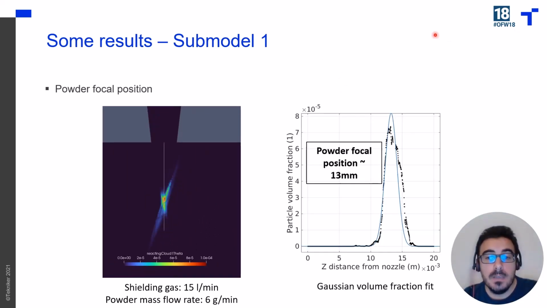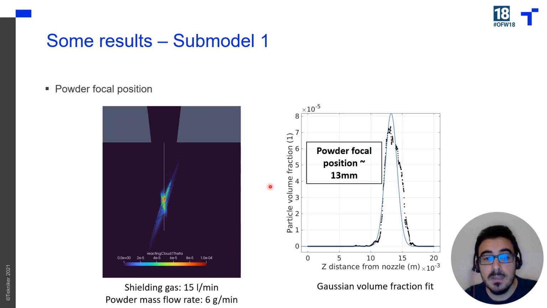In this slide, we see a profile of the void fraction created by the Lagrangian cloud. On the left-hand side, we see the cross-section, and we can check that the void fraction is quite small, so the two-way coupling approximation seems reasonable.